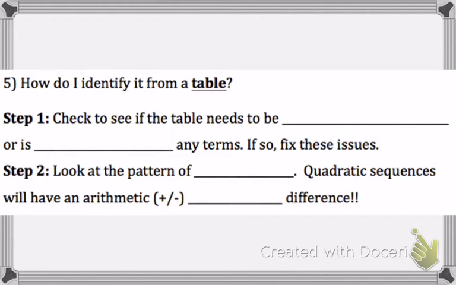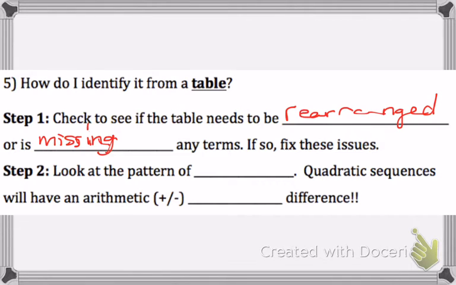All right, so identifying it from a table, you will be expected to do in Math 1. First thing, check to see if the table needs to be rearranged, same as before, or is missing any terms. If so, fix these issues.